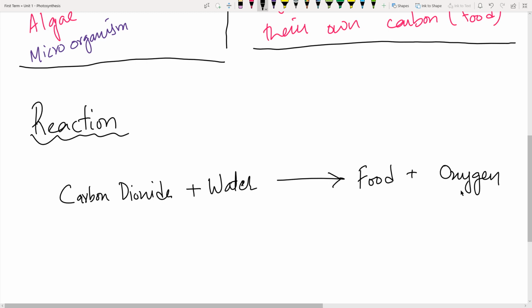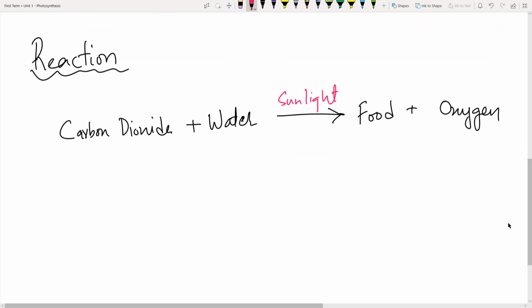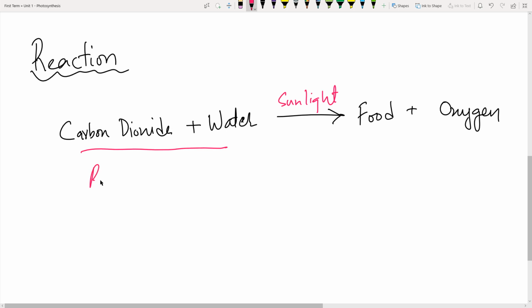The oxygen goes into the air, and as a condition we need sunlight to make this work. This is the energy which is taken for this reaction to occur. So it's an endothermic reaction, since it is taking energy from the outside to proceed with the reaction. Over here we have reactants, and on this side of the arrow we have products.